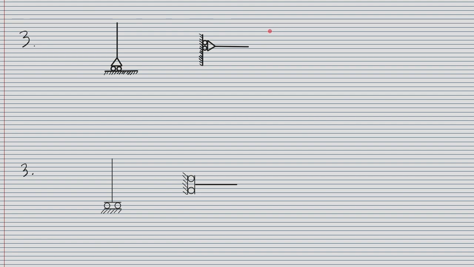The next one is the roller support and the sliding support. The roller support is exactly like the pin support, except there are some tires underneath it, so it can go freely in this direction, or in this direction. As a result, we only have one reaction for this kind of support.